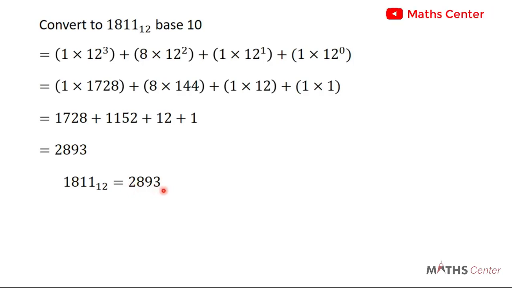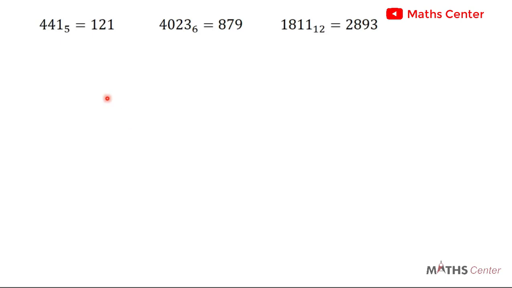Now we have converted all the numbers to base 10. We converted 4415 base 5 to base 10 and had 121. We converted 4023 base 6 to base 10 and had 879. We converted 1811 base 12 to base 10, and we had 2893.